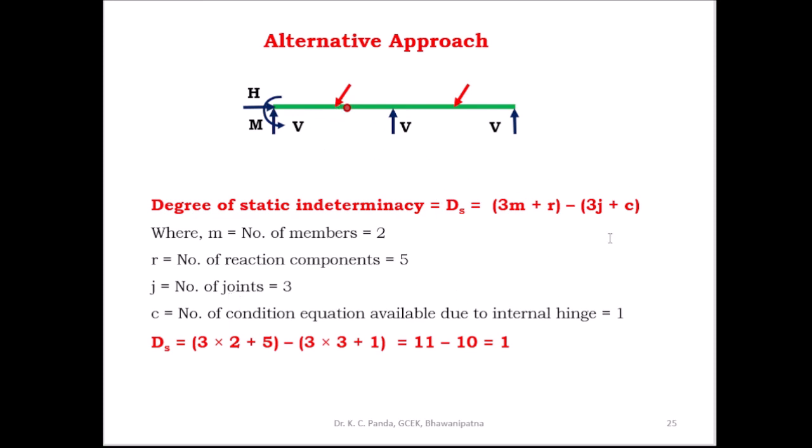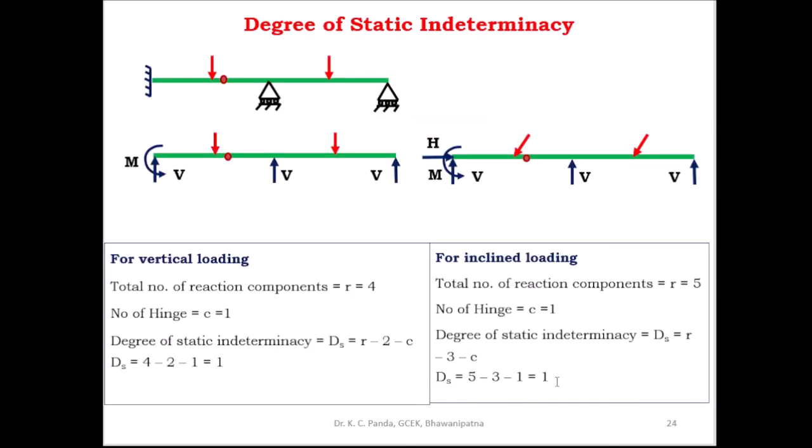Using the expression ds is equal to 3m plus r minus 3j plus C, ds is equal to 3 into 2 plus 5 minus 3 into 3 plus 1. So this is 11 minus 10 is equal to 1. So the degree of static indeterminacy of this type of beam is equal to 1. So this is a statically indeterminate structure.